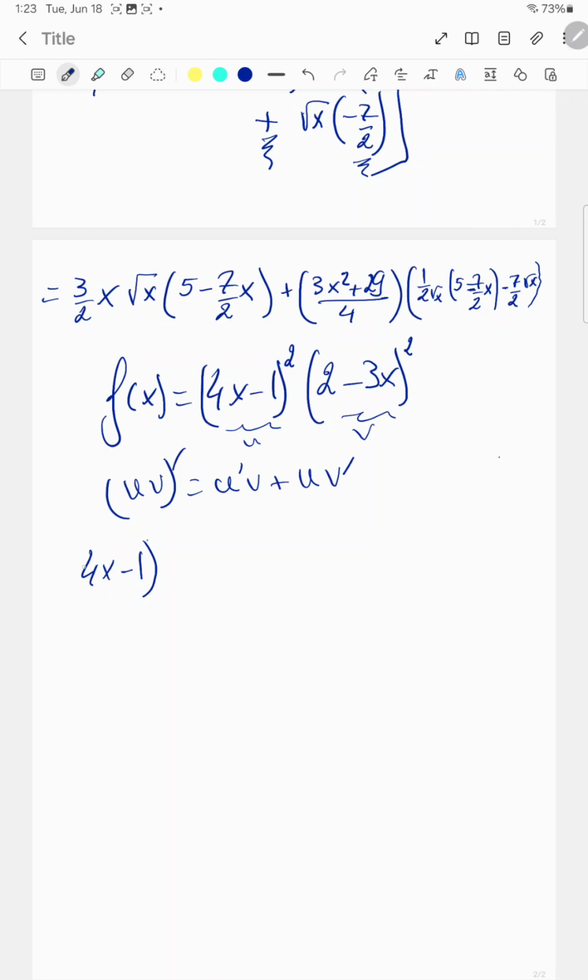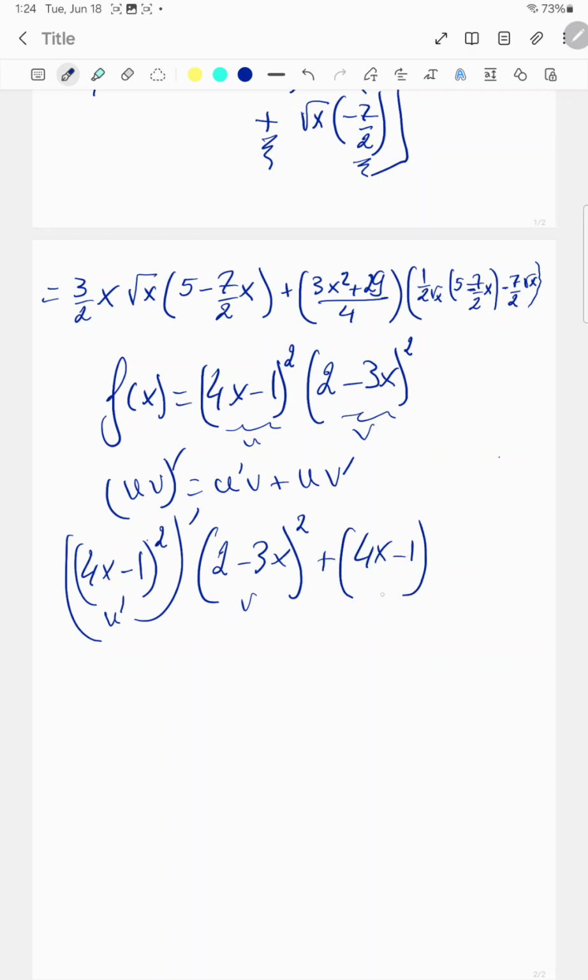((4x minus 1) squared) prime, u prime, times v, which is (2 minus 3x) to the power of 2. This is u prime v plus u, which is (4x minus 1) squared, this is my u, times v prime, which is ((2 minus 3x) to the power of 2) prime. And this is my v prime. It's important to write it like this at the beginning, and then we solve it. You're going to see why.